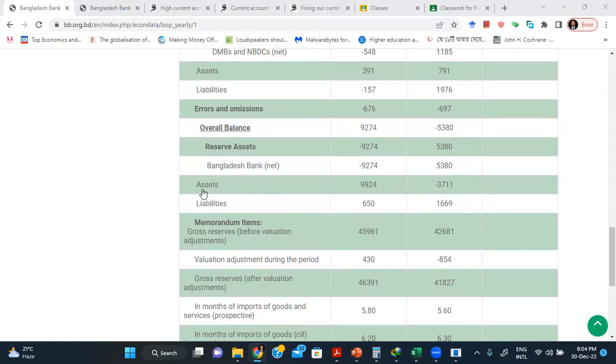What do we see? Asset came down from 9,924 million dollars to minus 3,711. And we see that our liabilities went up.